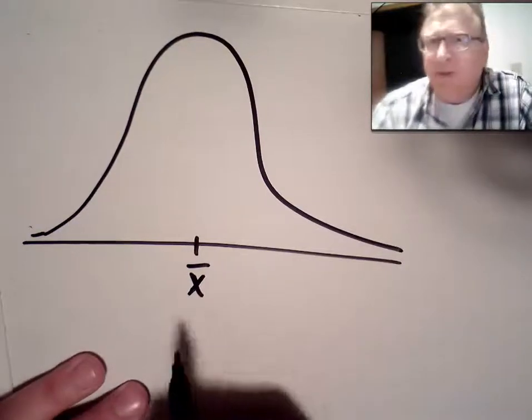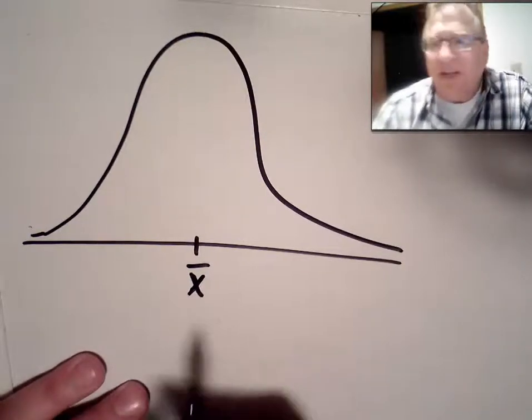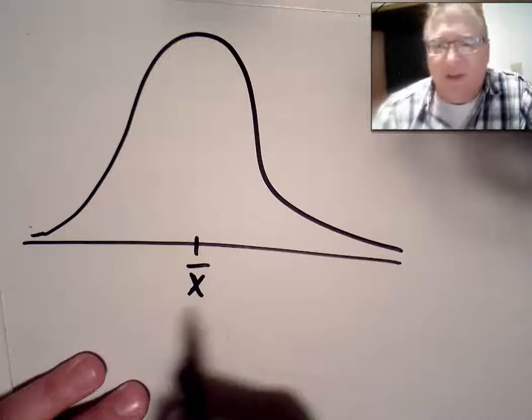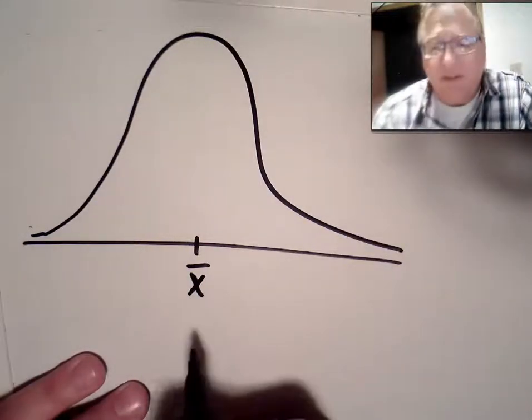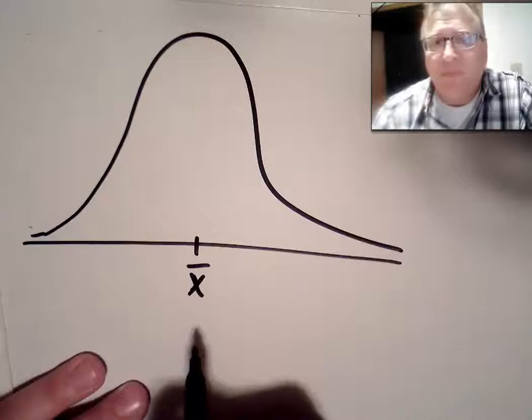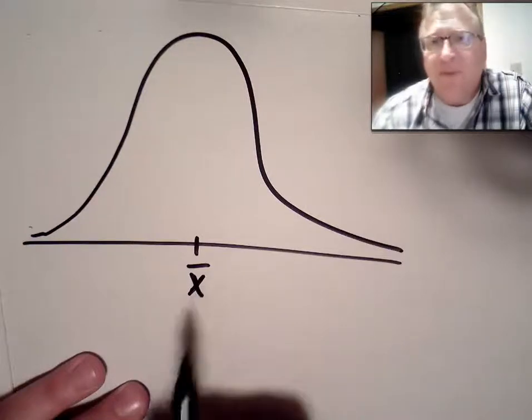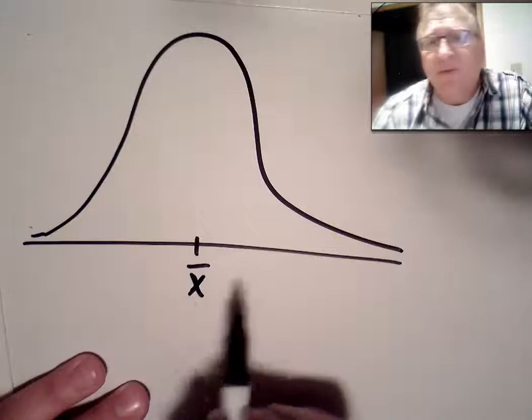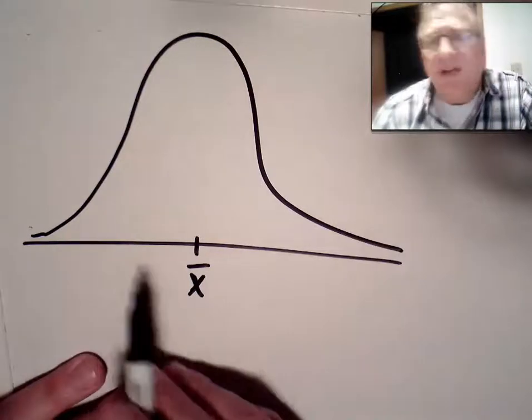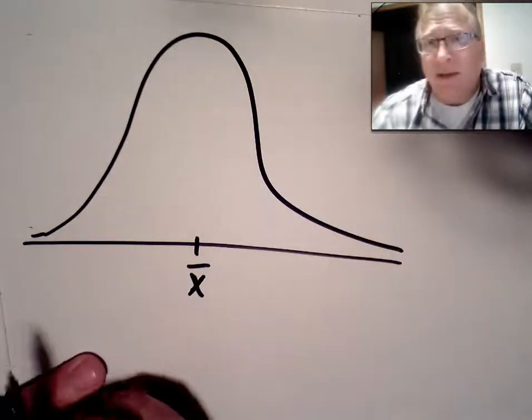What we want to be able to do is to say with a certain confidence level that, given the sample mean we calculated, we are confident that the true value of the mean falls within two values, one on one side of the calculated mean, one on the other side.